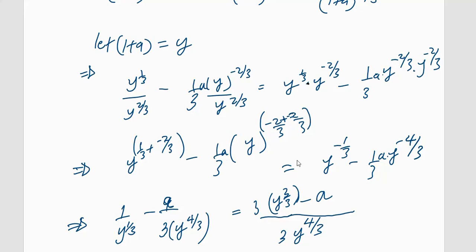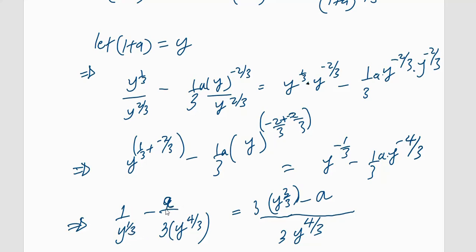So this expression will equal, if I get 1/3 plus negative 2/3, this is the same as 1 minus 2 out of 3, which becomes negative 1/3, then minus 1/3 of a y to power negative 2 plus negative 2, everything over 3, of course you will get negative 4/3. So if I bring it back here, it becomes 1 out of y to power 1/3, because y to power negative 1/3, using the laws of indices, becomes 1 out of y to power 1/3.